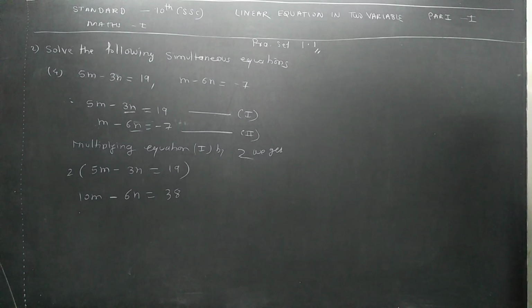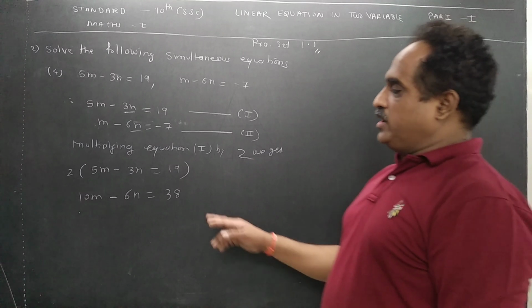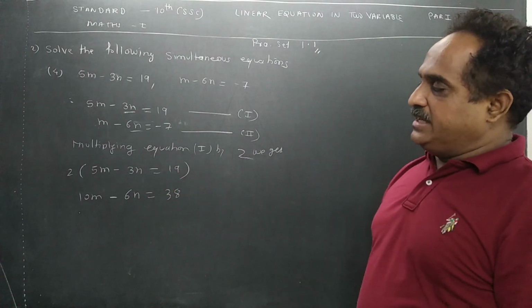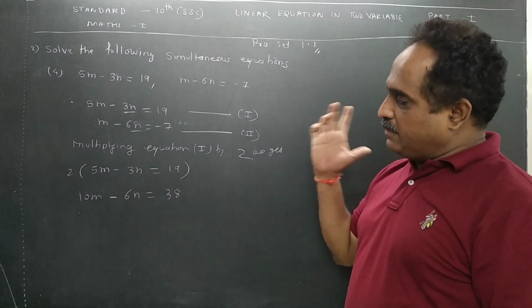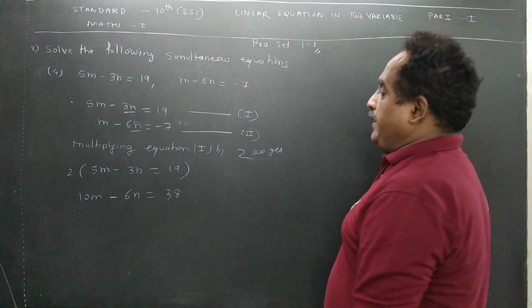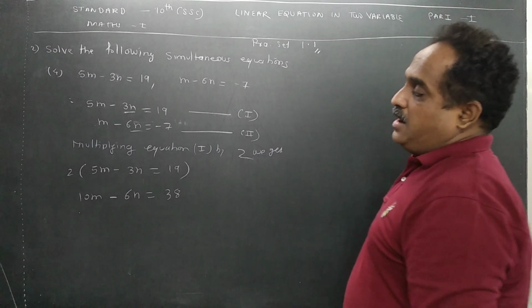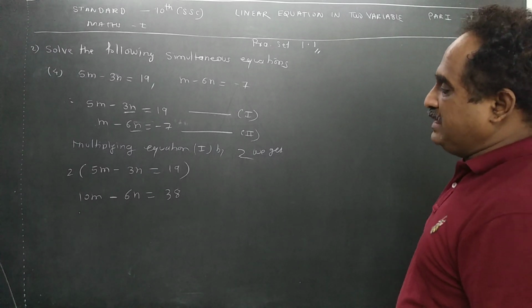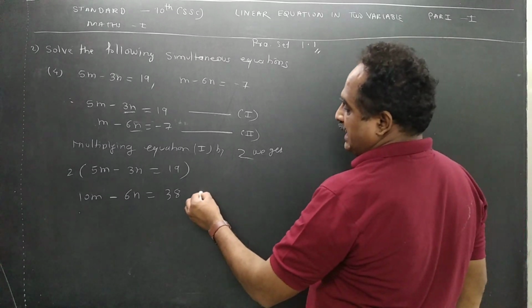You are now in 10th standard, but it is my personal request that you must know the tables up to 20. Then the calculation will become easy, otherwise you will have to keep multiplying. Even squares up to 30 and cubes up to 10, please memorize all these, later you will not get time.